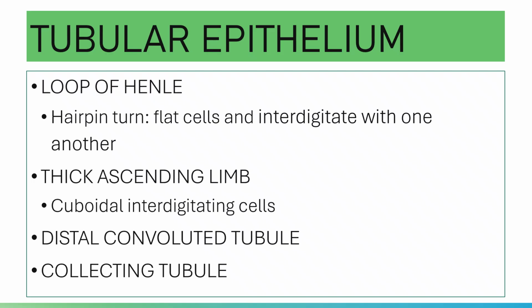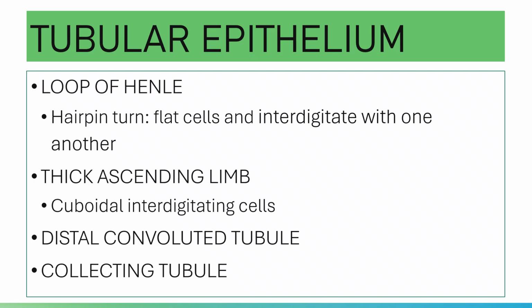In your distal convoluted tubule, it is still simple cuboidal, somewhat the same as your PCT, but you have less interdigitation in the DCT. And the amount of tubular convolution is also less in the distal convoluted tubule than in the proximal tubule.